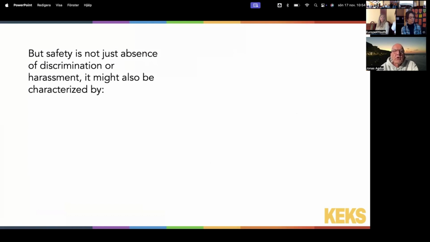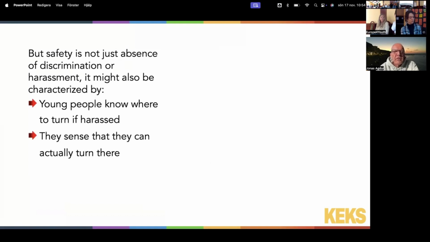But safety is not just absence of discrimination or harassment. It might also be characterized by, for example, young people know where to turn if harassed. That's also a sign of feeling security. They sense that they can actually turn there.